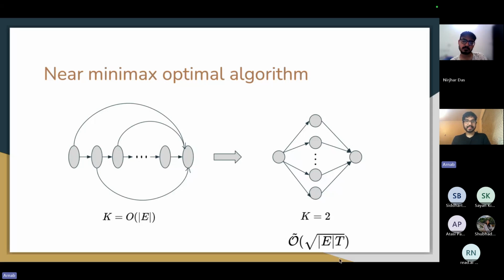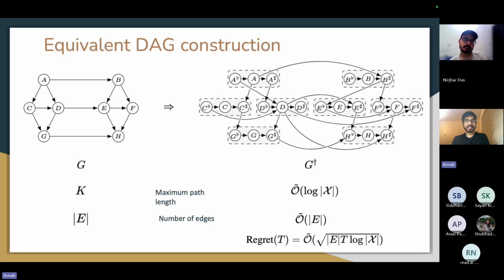So the goal is essentially that we start with our graph G and construct an equivalent graph, G dagger.